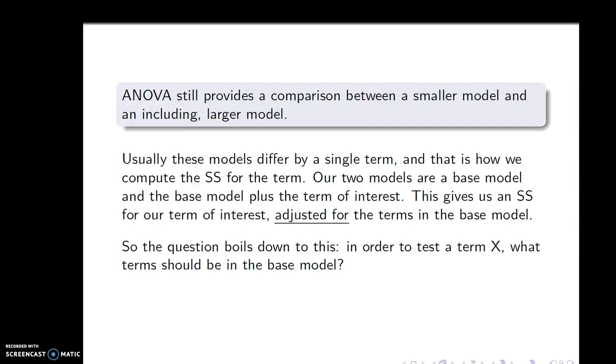So ANOVA still provides a comparison between your small model, or constrained model, and a larger model. And we can still deal with these straightforward comparisons even with unbalanced design. So this really is not too much of an issue when we start talking about unbalanced data.